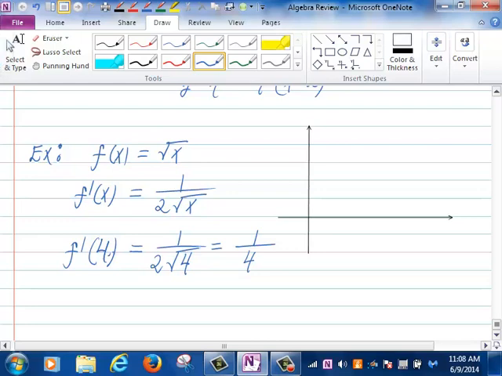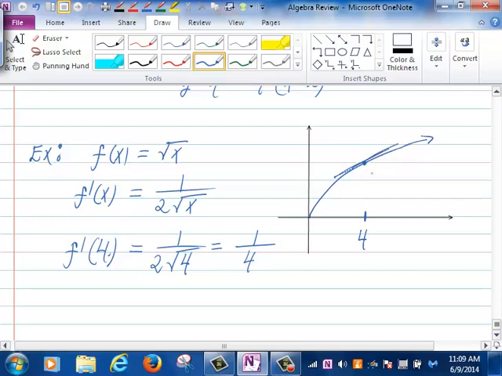Now the graph of root of x looks like this, and let's say I want to find the slope of the tangent at 4, right? So let's say 4 is right here. Okay, so what would be the tangent at this point?